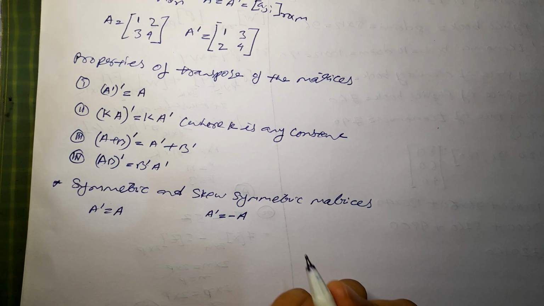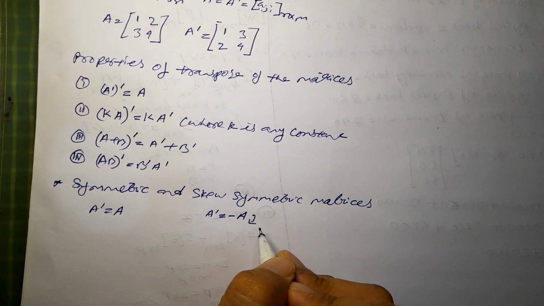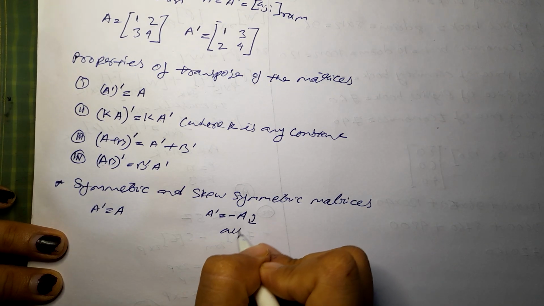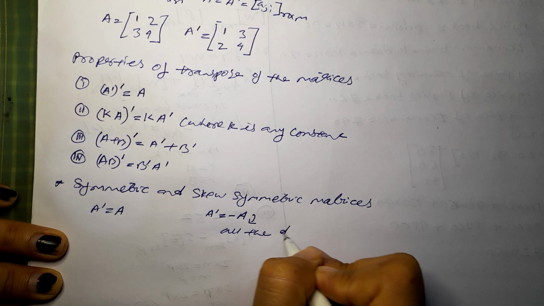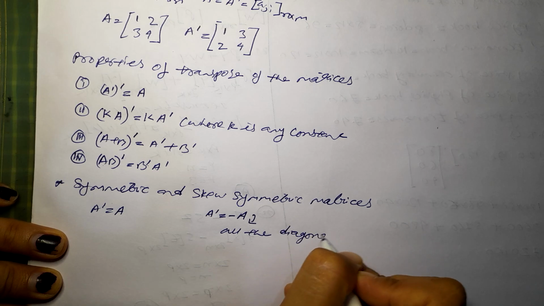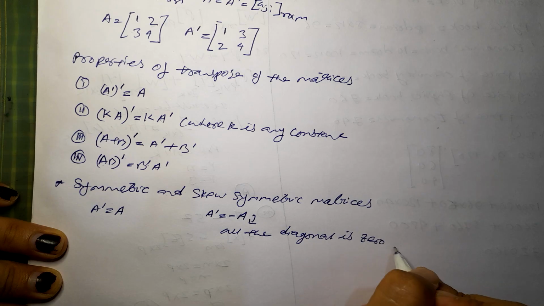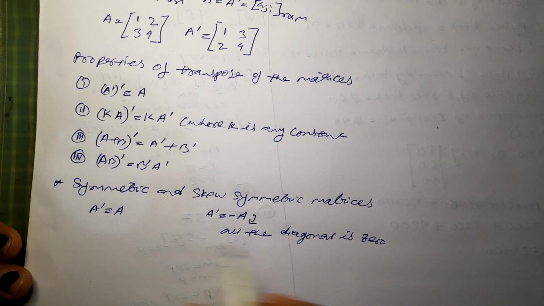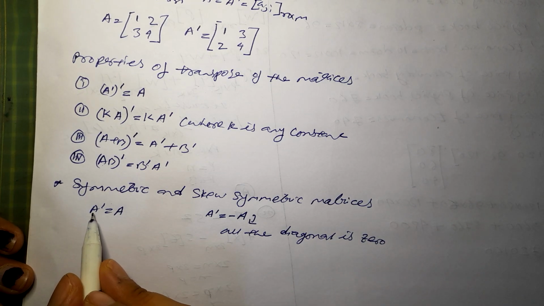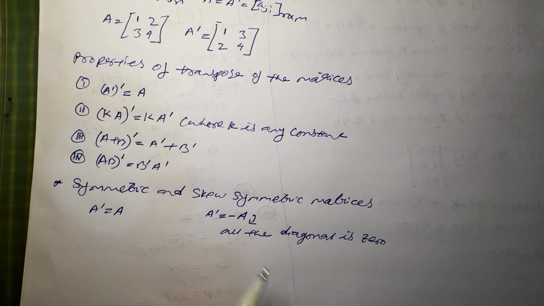And you have to remember that all the diagonal elements of a skew symmetric matrix are 0. Here the matrix can be any matrix, but in the skew symmetric the diagonal will always be 0.